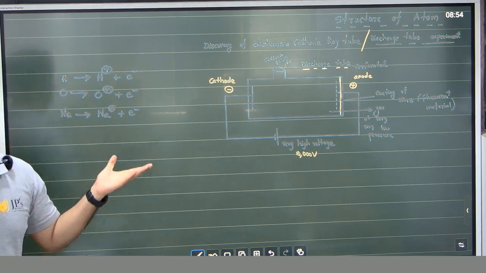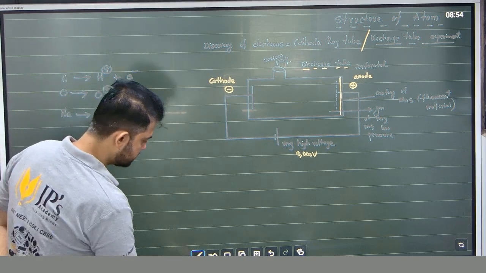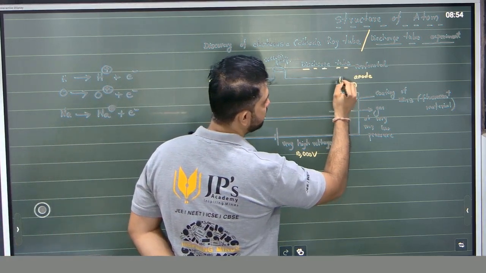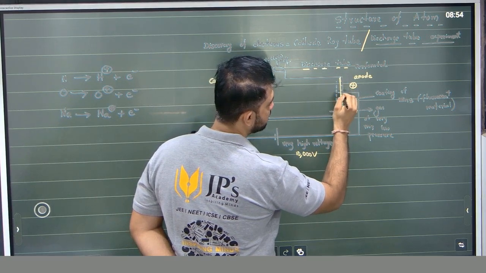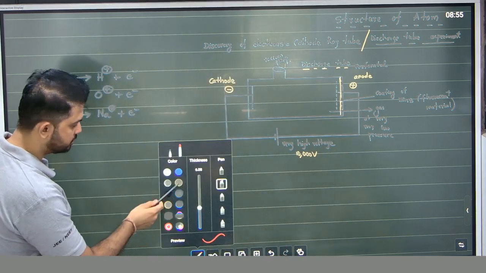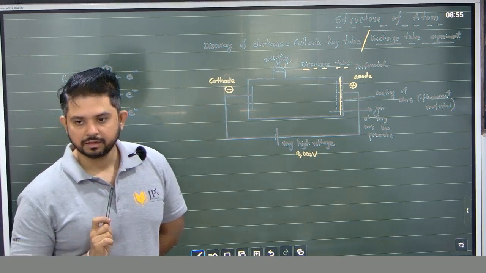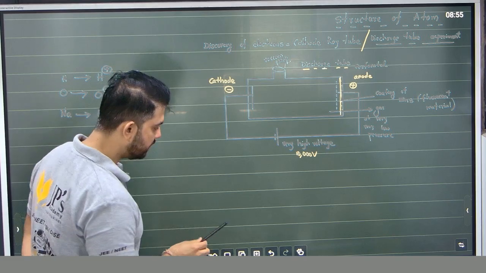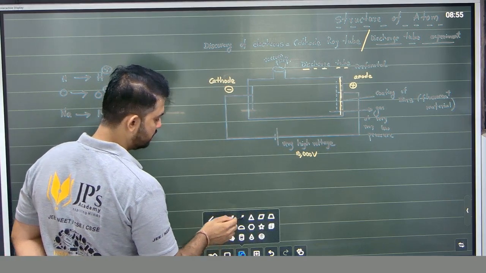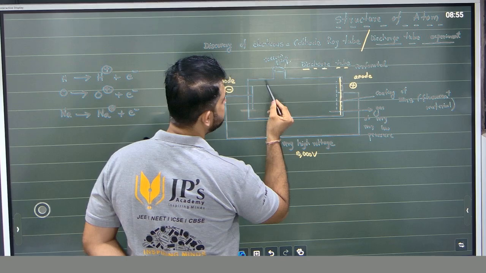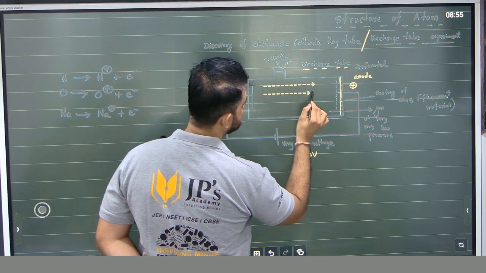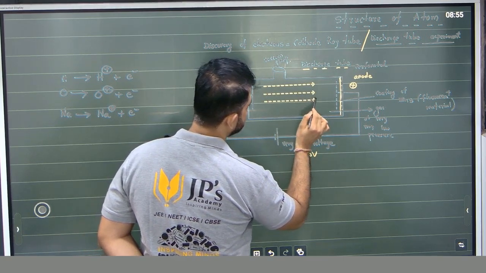Now what happened? When the experiment was started, what was observed is that on the fluorescent material, these spots were observed, which means that there are particles going from the cathode towards the anode.